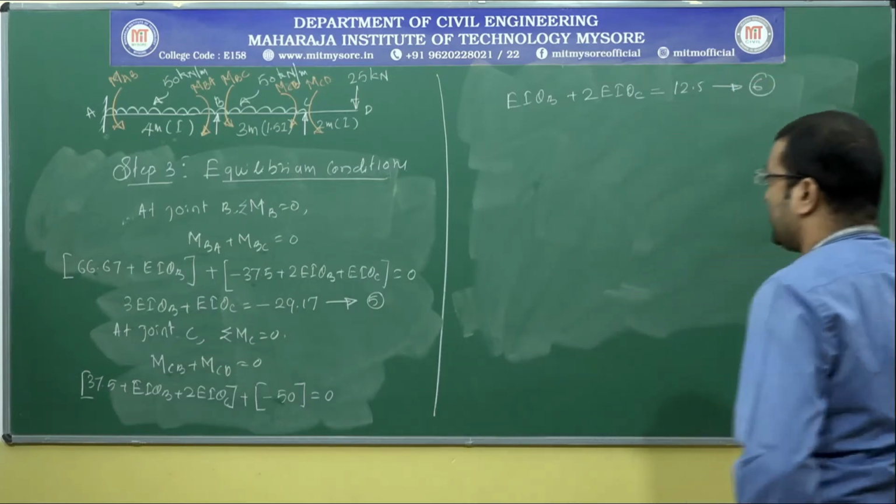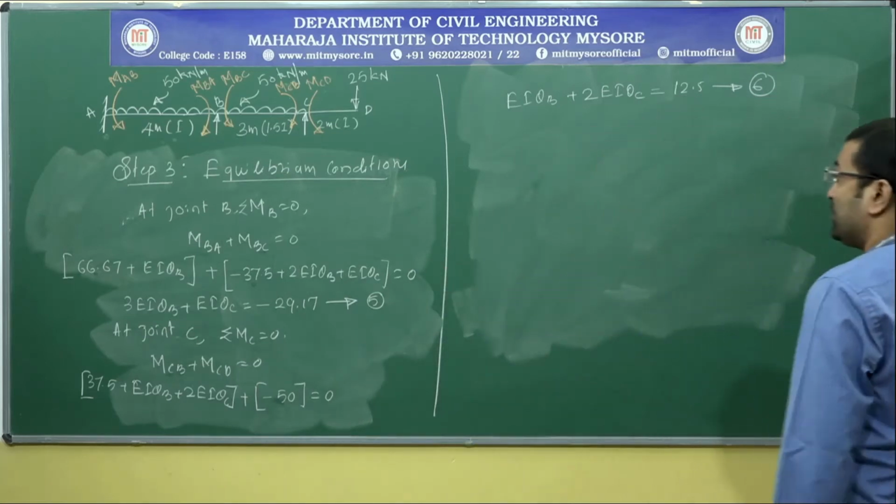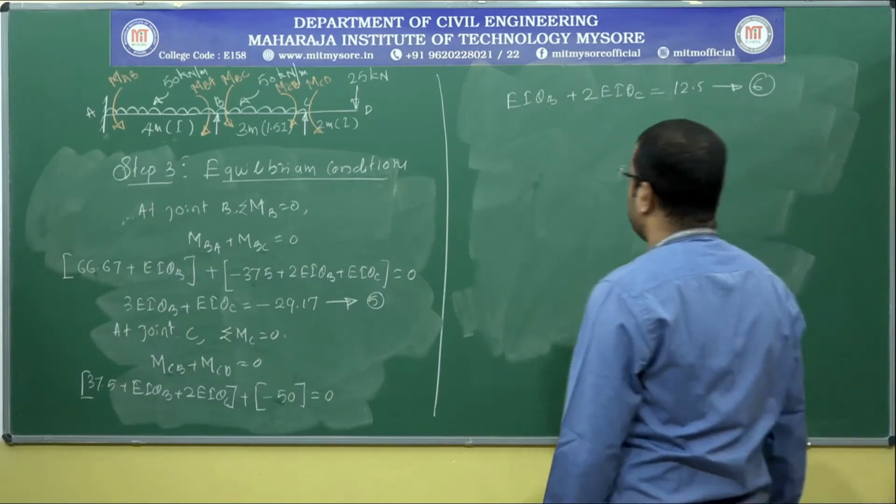Now we have two simultaneous equations, equation number 5 and equation number 6. In both equations we have EI theta B and EI theta C as the variables.